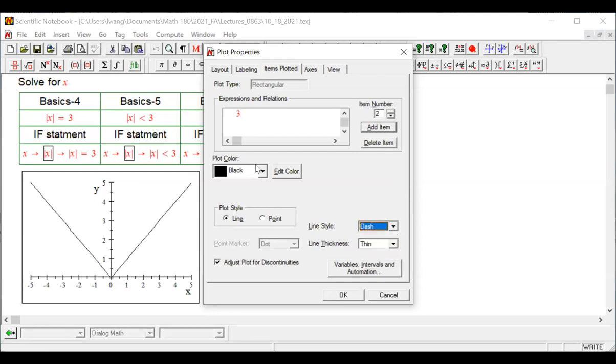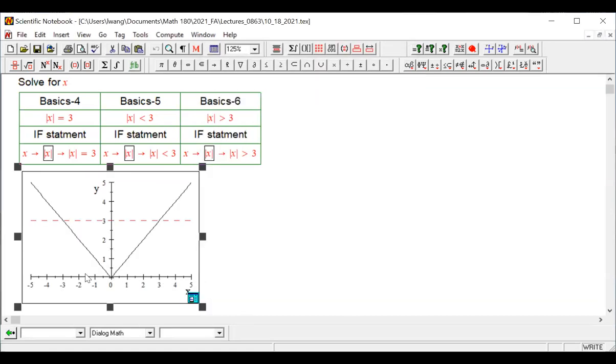I'm going to put some broken lines here. For equals to 3, we are going to identify the input. We know negative 3 and positive 3 are the ends, so the solution is positive 3 or negative 3. Yesterday we covered this material.